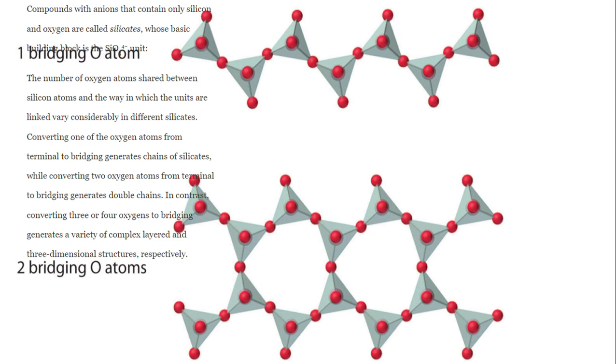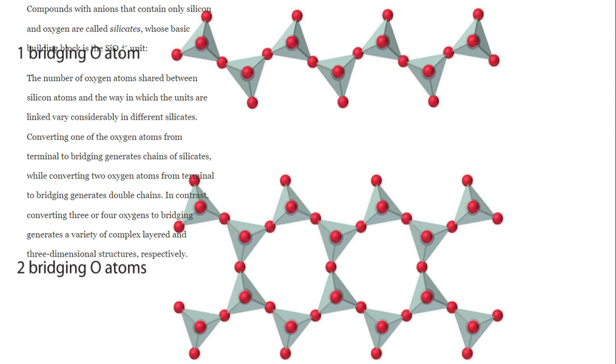This is a basic unit which forms long chains of silicates with either one bridging oxygen atom or two bridging oxygen atoms in various forms. The number of oxygen atoms shared between silicon atoms and the way in which these SiO4 4- units are linked vary considerably in different silicates.